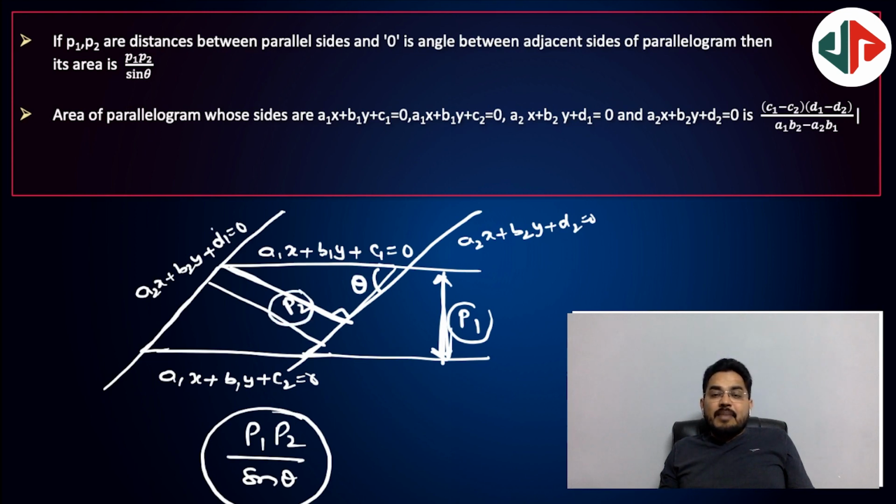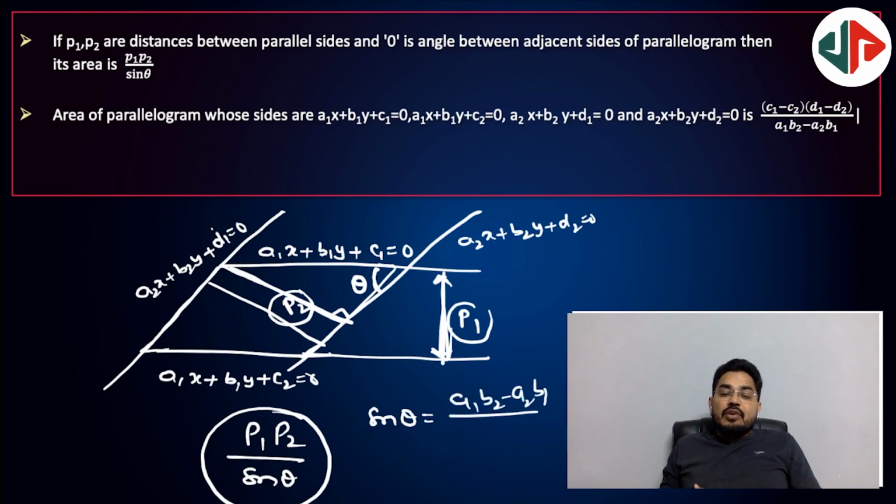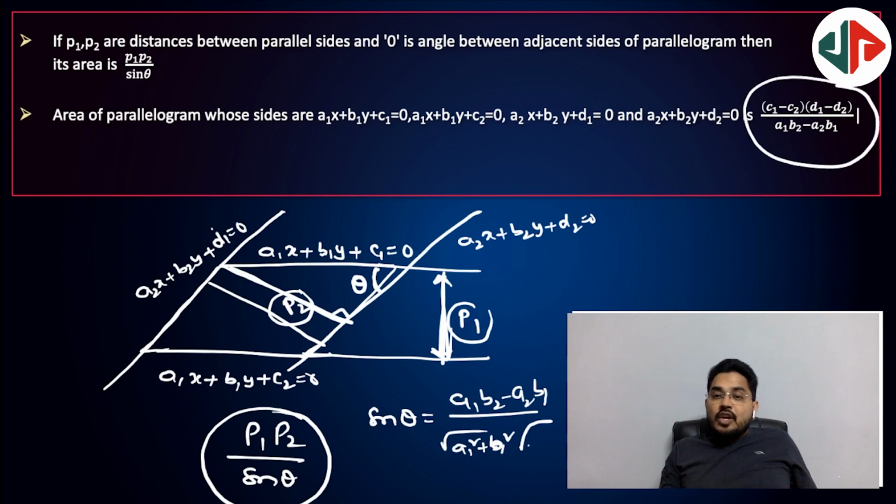P2 is equal to d1 minus d2 by root over a2 square plus b2 square. And if theta is the angle between these lines, I'll go with sine theta, that is a1 b2 minus a2 b1 by root over a1 square plus b1 square into root over a2 square plus b2 square. From there you are going to get it. Only thing here you need to take the modulus because area cannot be negative. And the simpler form is P1 P2 by sine theta.